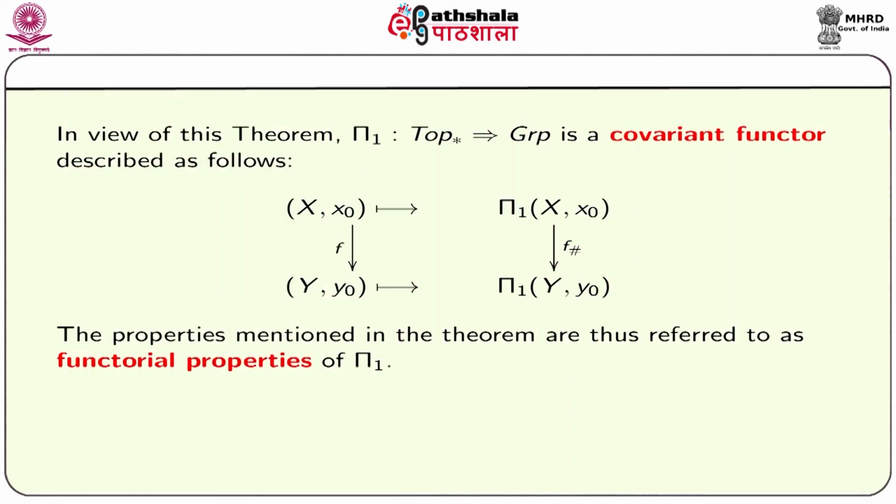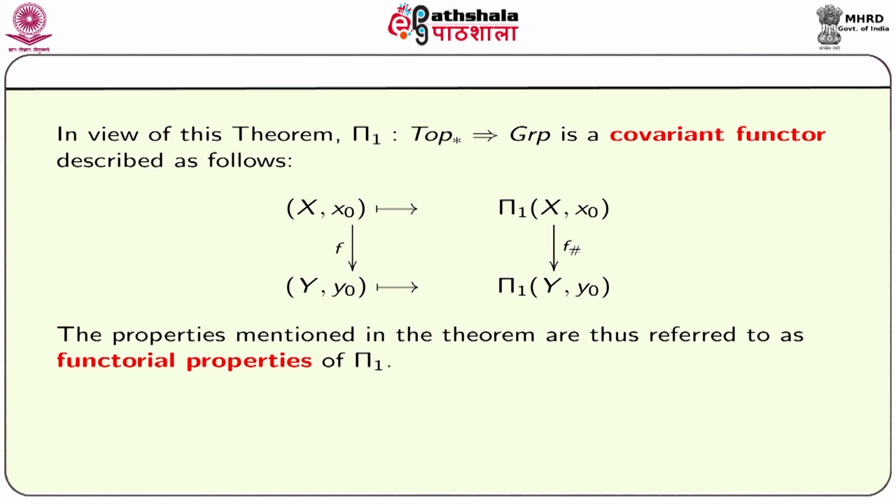In view of this theorem, we can have a covariant functor pi 1 from the category of pointed topological spaces and continuous functions to the category of groups and group homomorphisms. This pi 1 is a covariant functor because it takes the objects X, x 0 of Top star to the objects pi 1 of X, x 0 in the category GRP, and whenever there is a continuous function f, we have a homomorphism f sharp between pi 1 of X, x 0 and pi 1 of Y, y 0, satisfying the properties mentioned in the previous theorem.